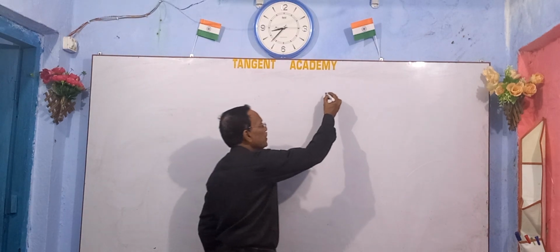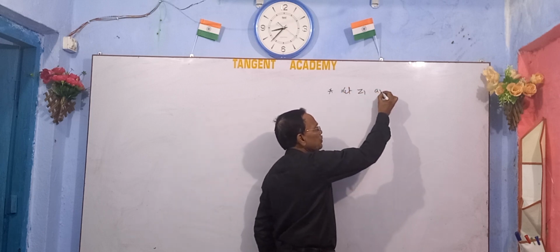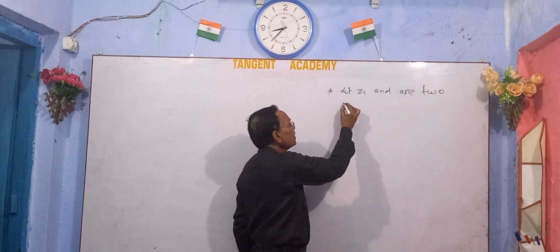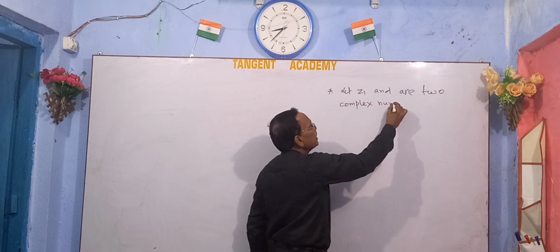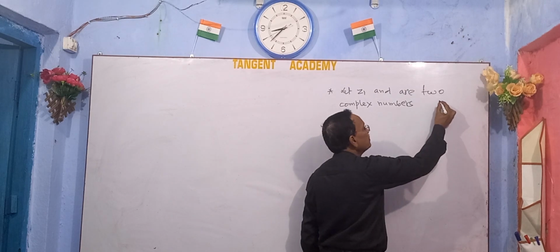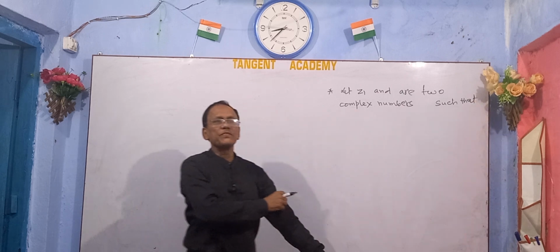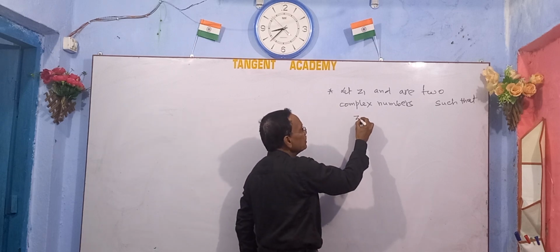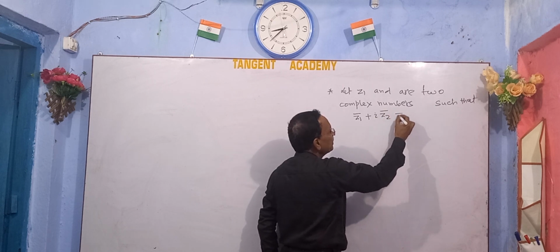Let Z1 and Z2 be two complex numbers such that Z1 plus iota times Z1 bar plus iota times Z2 bar is equal to 0.